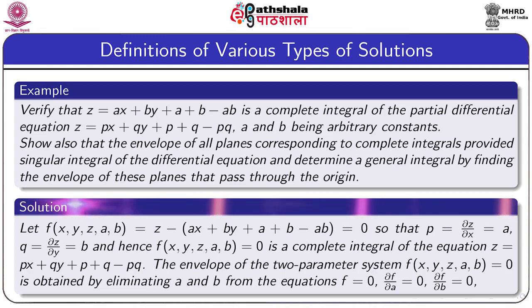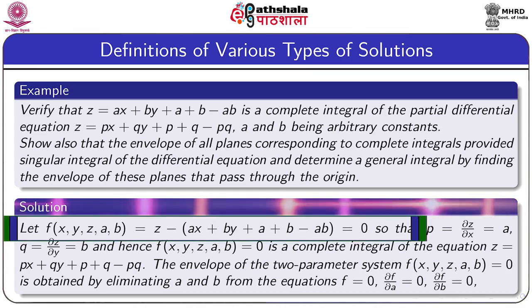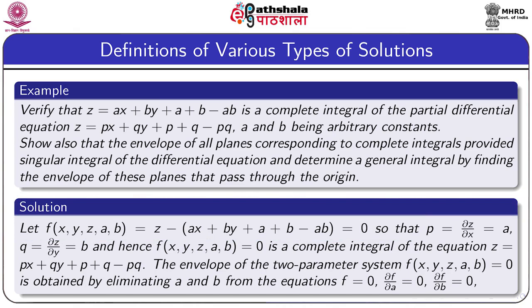Now, we write the function f, which is the general integral, in the form f(x, y, z, a, b) equals z minus (ax plus by plus a plus b minus ab) equals 0. Here we can observe that the value of p in this solution is constant.